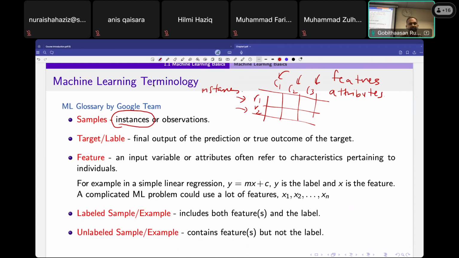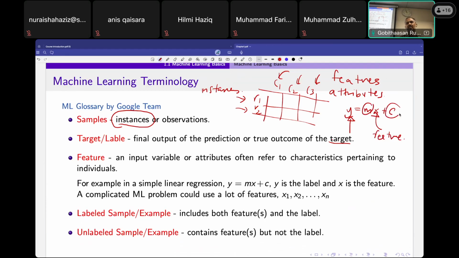Okay, and then we have target and label. Final output, actually label. Final output of the prediction or true outcome of the target. Example, y equals to mx plus c. My target is y. I'm going to predict y based on my feature x. So this is my target, x is my feature.